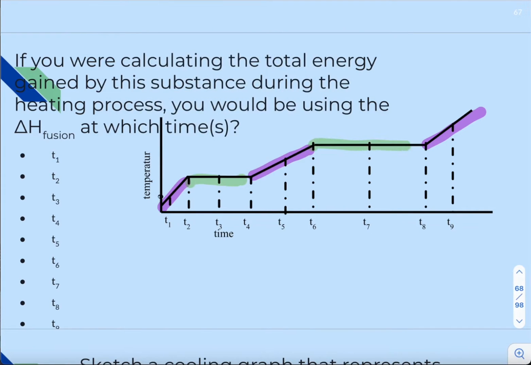But here and here, you're going to use those delta H of phase changes. So one of them is going to be delta H of fusion and one's going to be delta H of vaporization. So this is asking you, at what times would you be using the fusion one? And the answer is when it's melting. So that's going to be 2, 3, and 4.